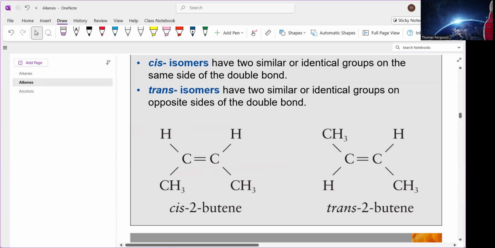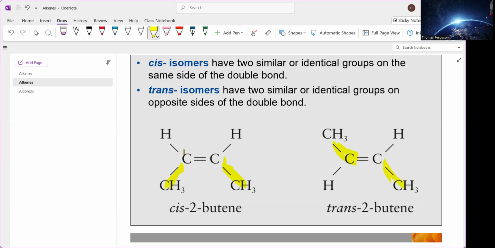Now, again, double bonds are rigid, meaning automatically check for cis trans across the double bond. You look at the double bonds here, and we've got the methyl groups falling on either side of that double bond.